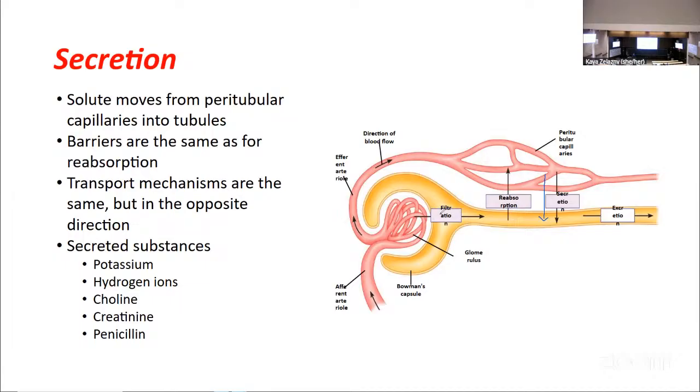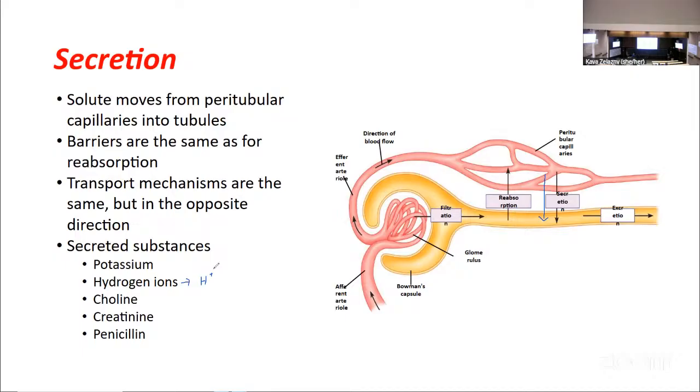So when we look at secreted substances, we mentioned, as we were talking about acidosis and alkalosis already, one of the big things we might want to track are hydrogen ions. We know that that's going to be related to pH, right? So we can adjust how much hydrogen we secrete into the tubules, and therefore how much acidity we remove from the blood eventually.